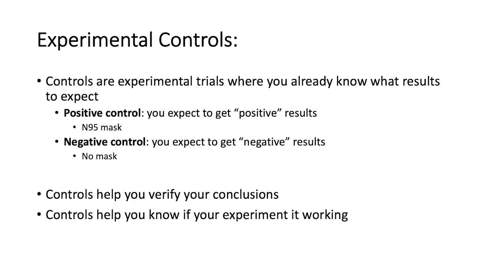So you use your positive and negative controls to make sure that when you compare your results from your other tests to those controls, they fall within the right range that you would expect to see. It also helps you make sure that your experiment is working, and if your experiment isn't working, it can help you figure out which part is wrong.